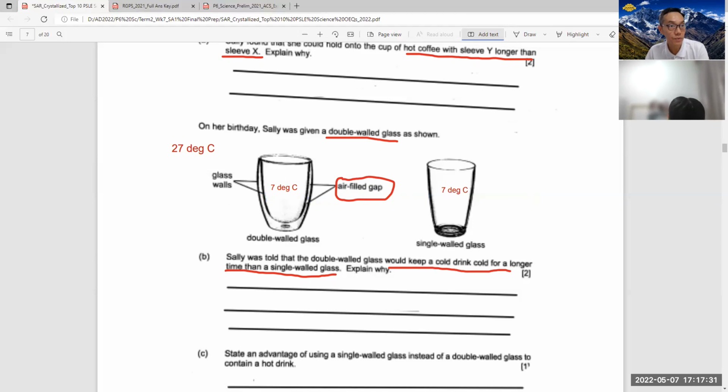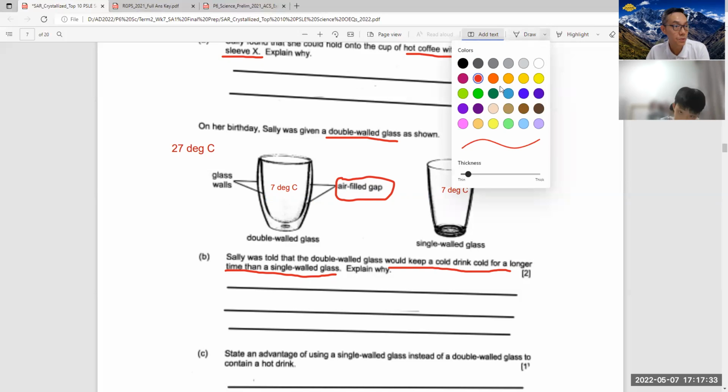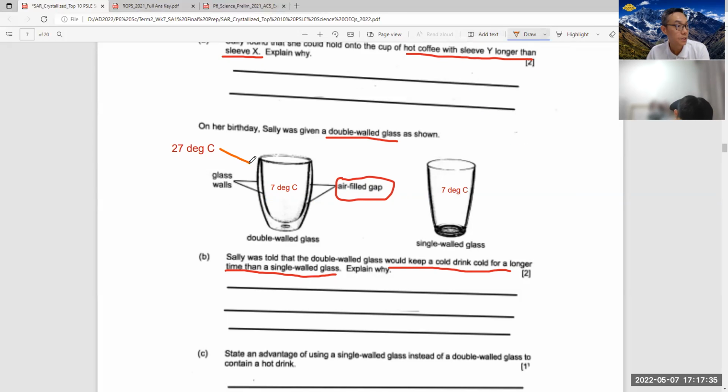Heat always flows from higher temperature to lower temperature. So what happens is this will cause the drink to gain heat. But you notice there's a layer of air, and air is a poor conductor of heat. It would cause the liquid inside the double glass wall to gain heat slower.